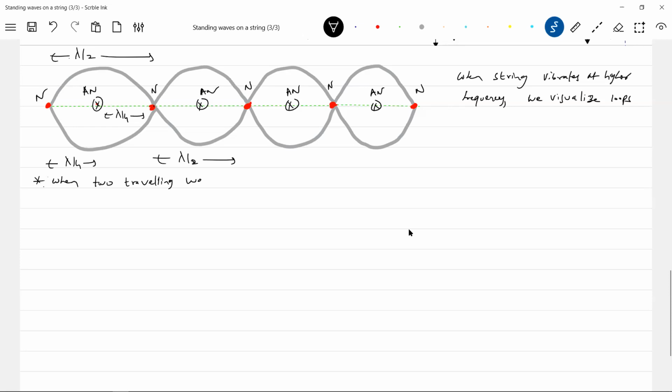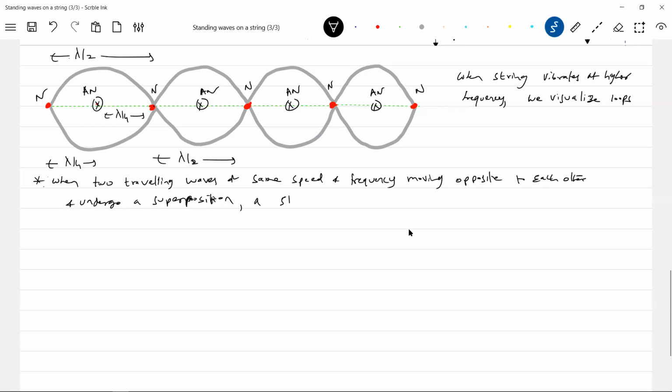When two traveling waves of same speed and frequency moving opposite to each other undergo superposition, a standing wave is formed.